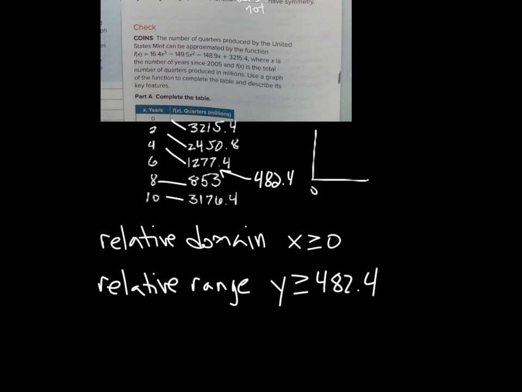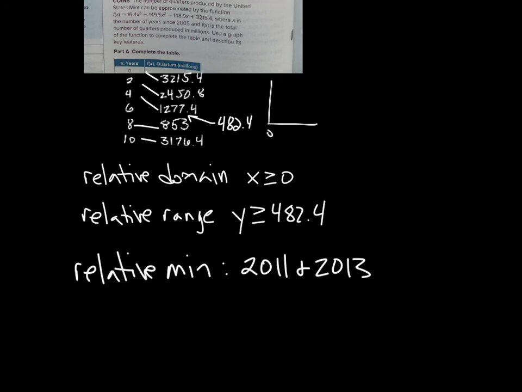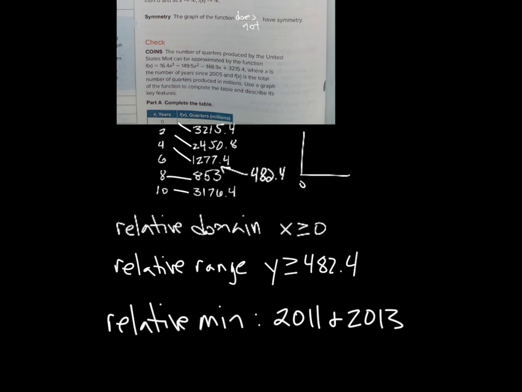So again, where were we going? Were we higher and then went lower and then went higher again? So then a relative minimum would be between the years 2011 and 2013. Okay, and so then we're using years from 2005.